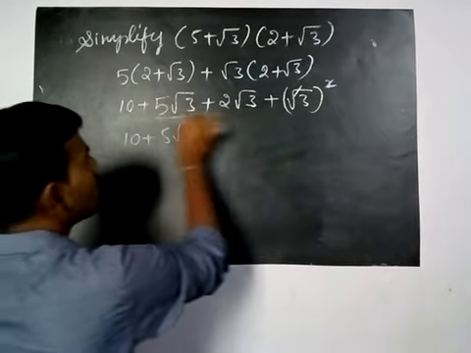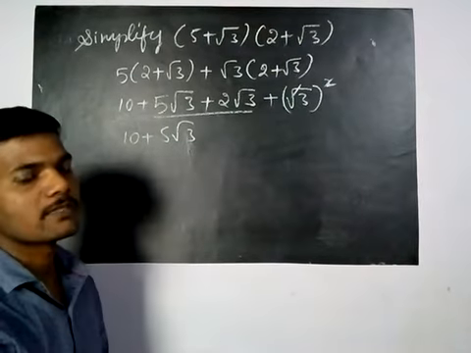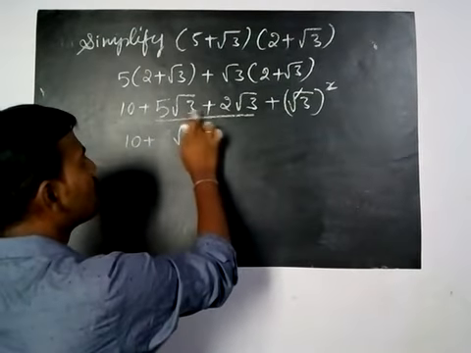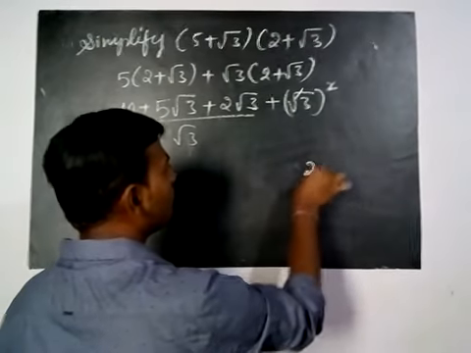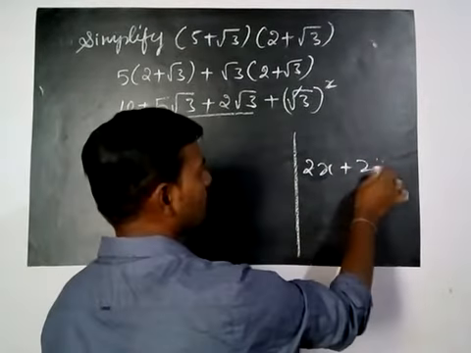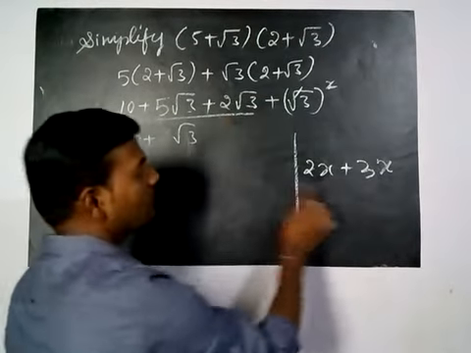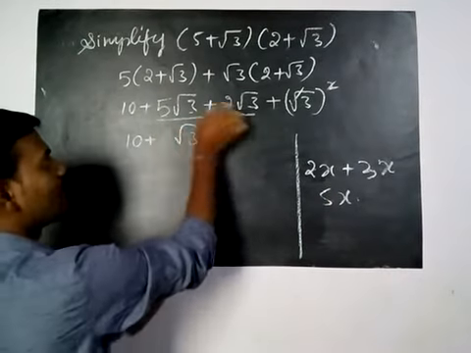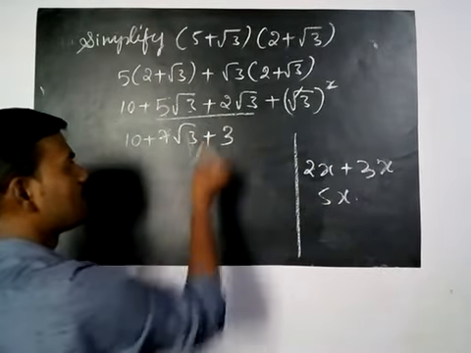Or you may do this addition because they are like terms. 5 root 3, that means like 2x plus 2y, sorry, x is same and these two are, means 5x. So 5 plus 2 is 7, plus, and this becomes 3.